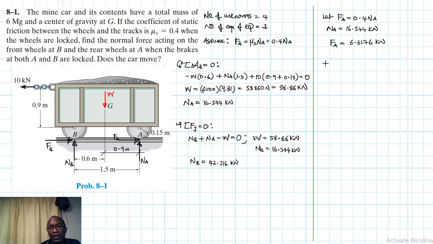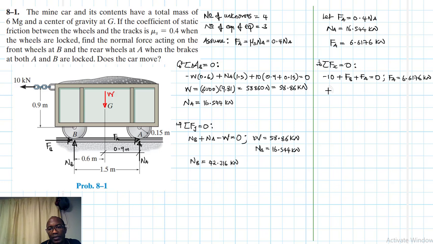Okay, right. So let's apply one equation of equilibrium, summation of forces in the x direction. So we have minus 10 plus FB minus A plus FA equal to 0. We already know what FA is equal to, 6.6176 kilonewtons.